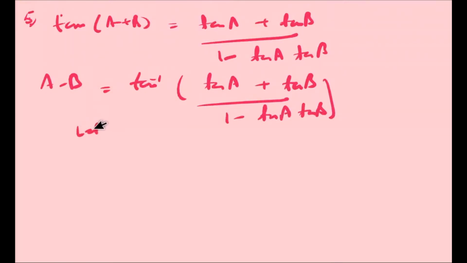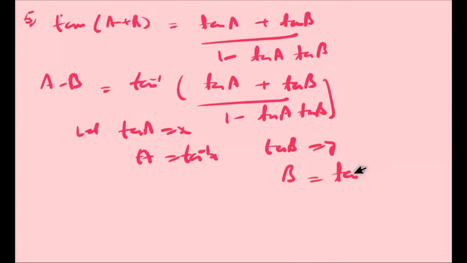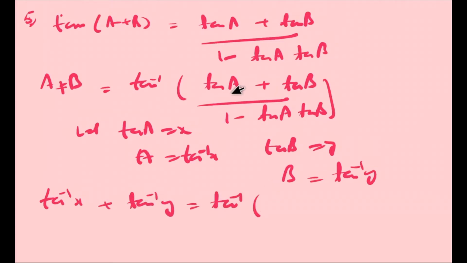Okay, let tan a equal x, then a equals tan inverse x, tan b equals y, then b equals tan inverse y. Then putting these values here, we get tan inverse x plus tan inverse y equals tan inverse of x plus y upon 1 minus xy.